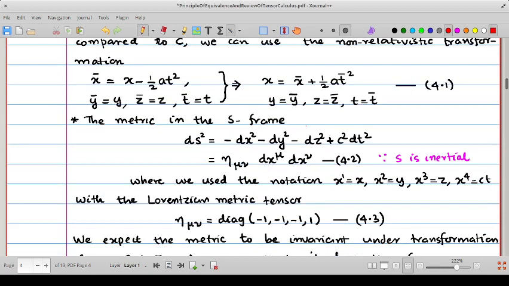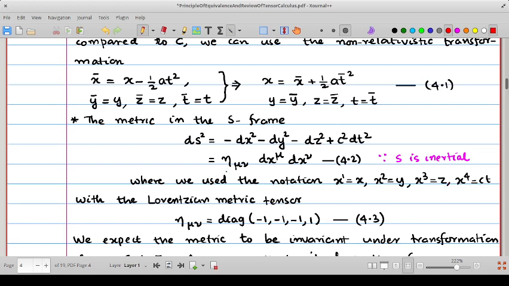Now the metric in the S frame is given by ds square equal to c square dt square minus dx square minus dy square minus dz square, which, using the notation involving the metric tensor from earlier, can be written as eta mu nu dx mu dx nu, where we have used the convention x1 is x, x2 is y, x3 is z, and x4 is equal to ct.